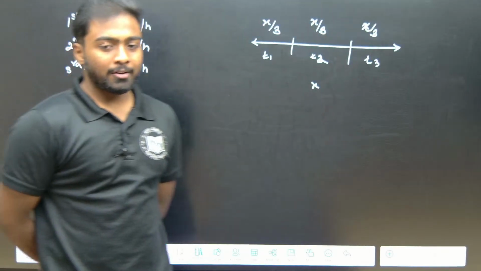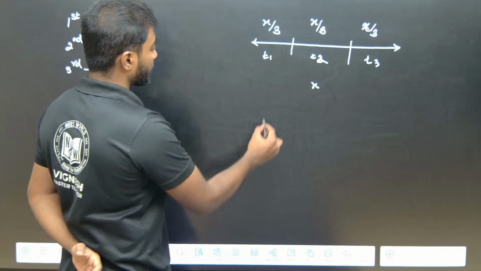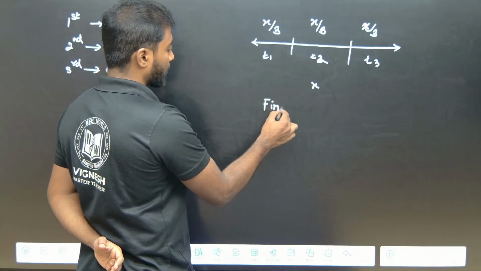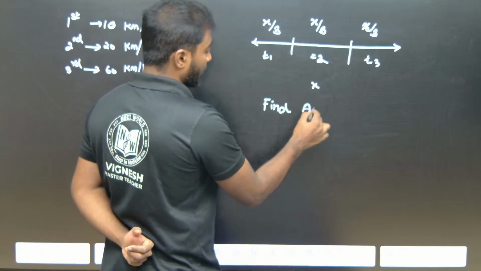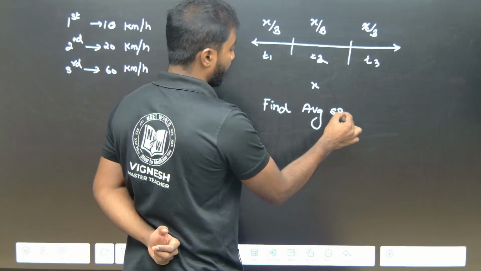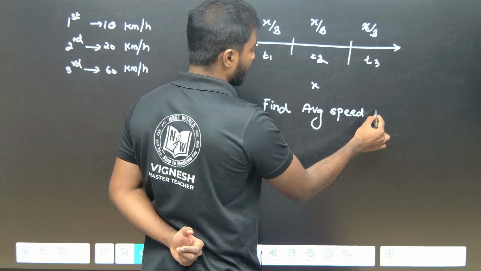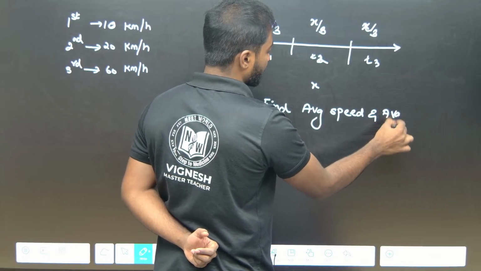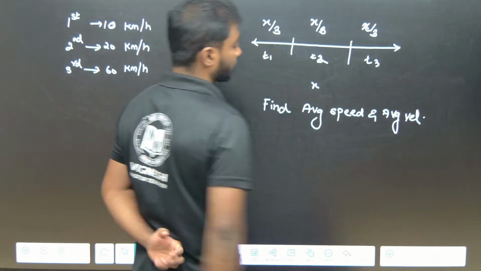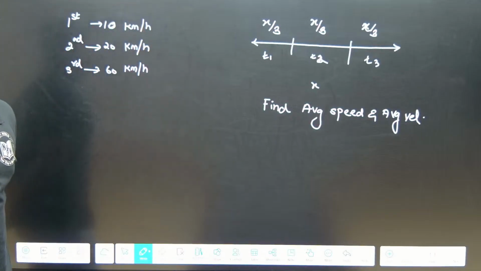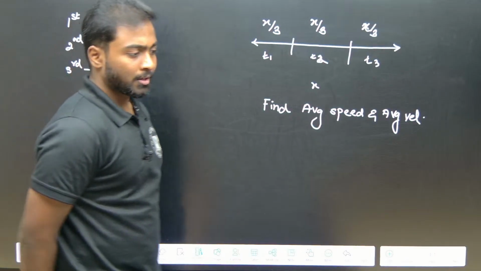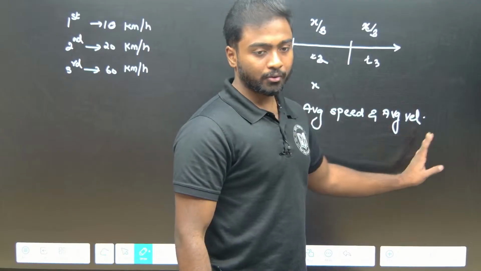Now they will ask the question: find average speed or average velocity, whatever they can ask.